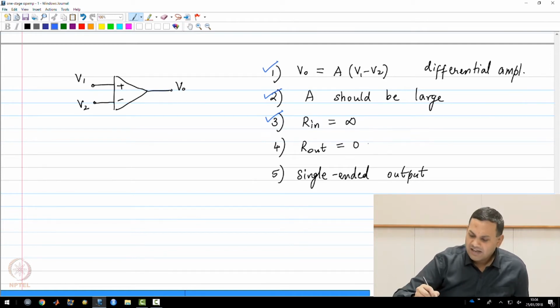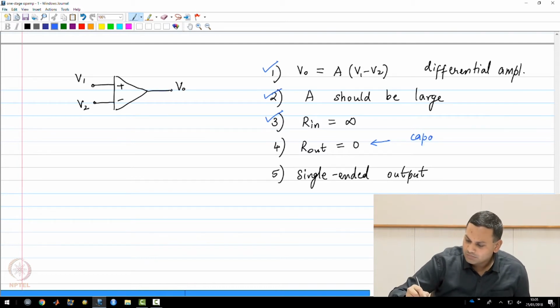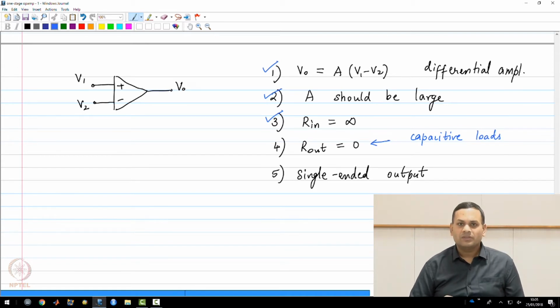First of all, it turns out that it is very rare to have Rout equal to 0 or very small impedance at the output of CMOS op amps in general. The reason is that most op amps drive capacitive loads, in which case, as long as the output is driving a capacitive load, you will find that the Rout doesn't need to be small for the output to settle to the final value.